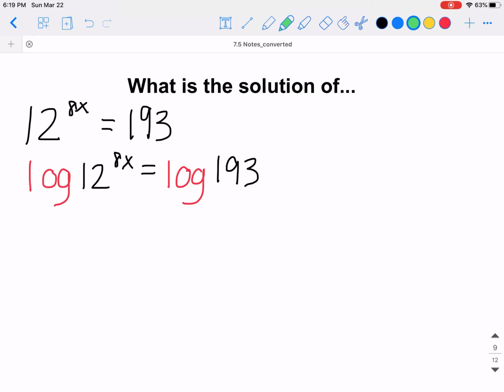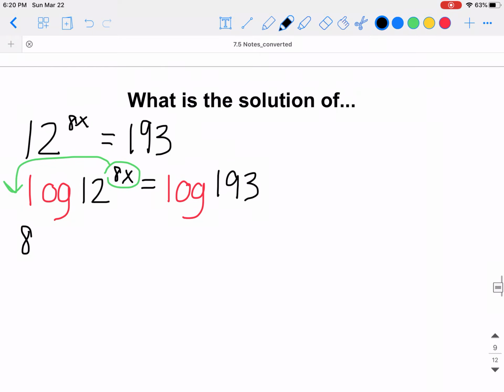By the power property, we know that we can rewrite this exponent in the beginning of our term. So that becomes 8x log 12 equals log 193.